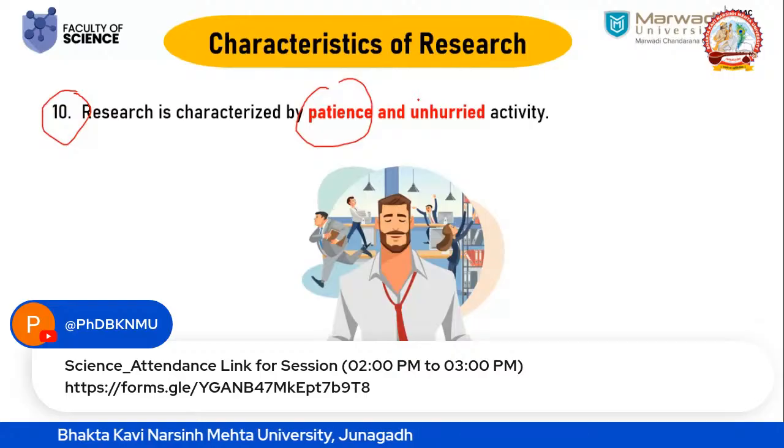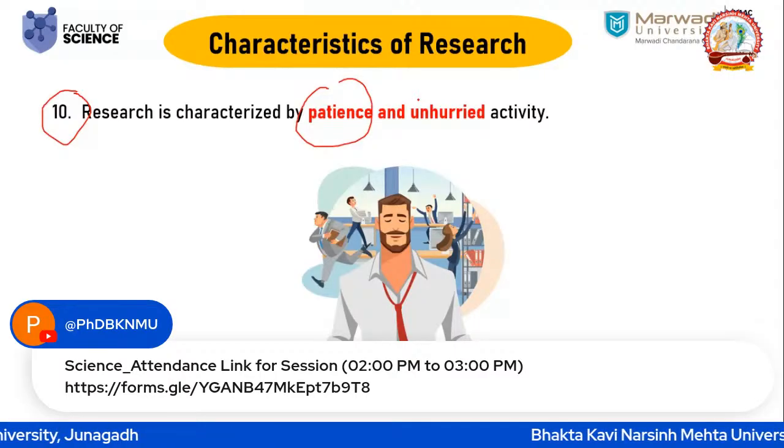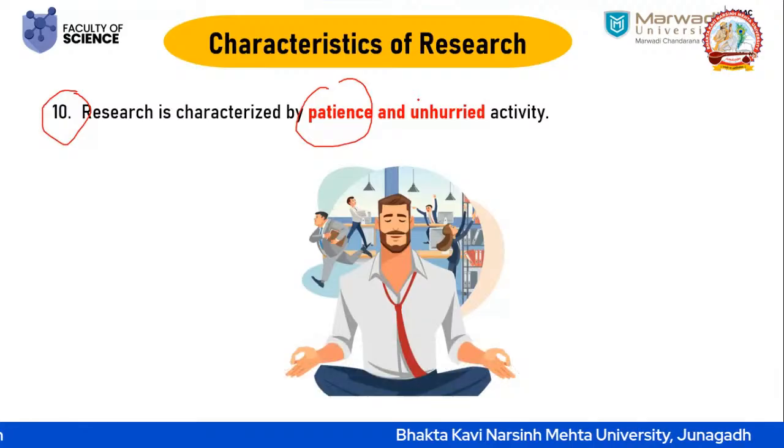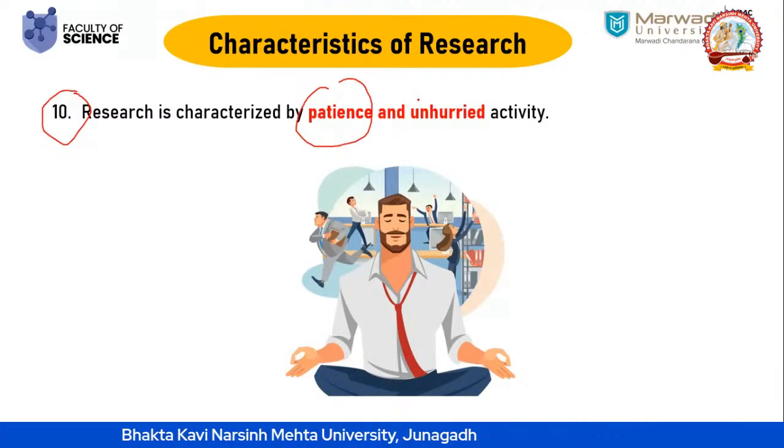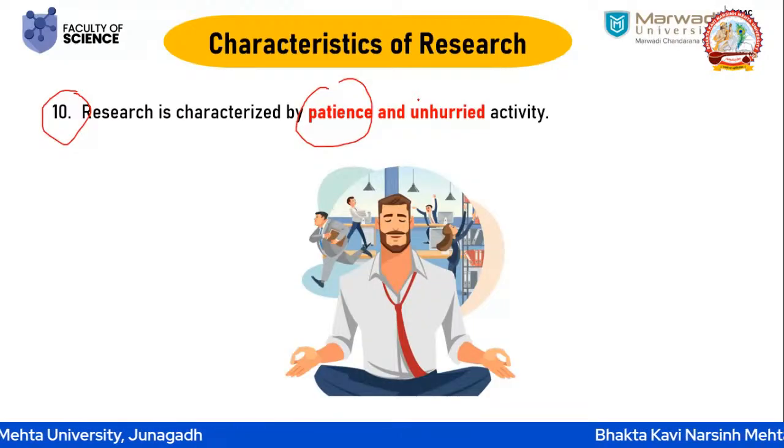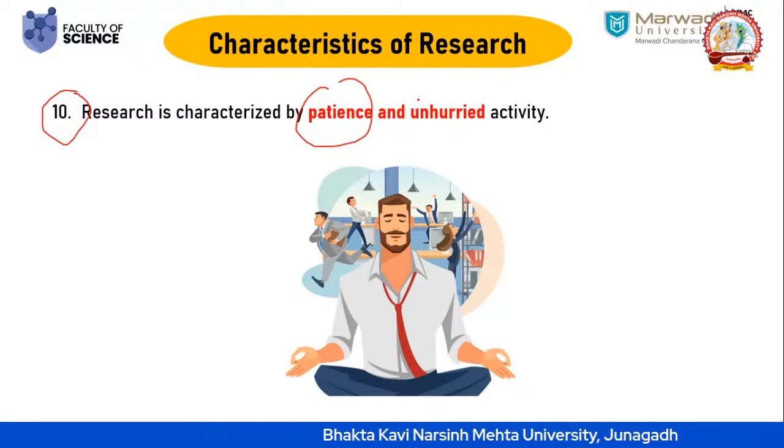We are not getting the results, not even in a year, or in 2 years. It is possible that the method you have selected is completely wrong. You need to go back to the literature survey, identify the correct method, and then perform the entire research again. So research is not something of 1 day, 2 days, 3 days. It takes a long process.